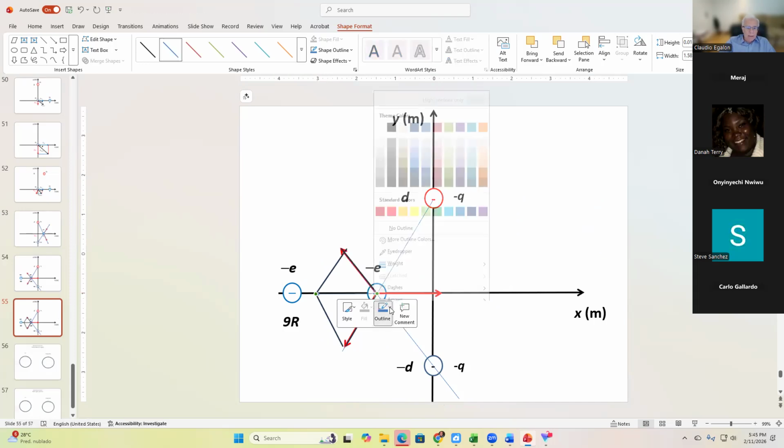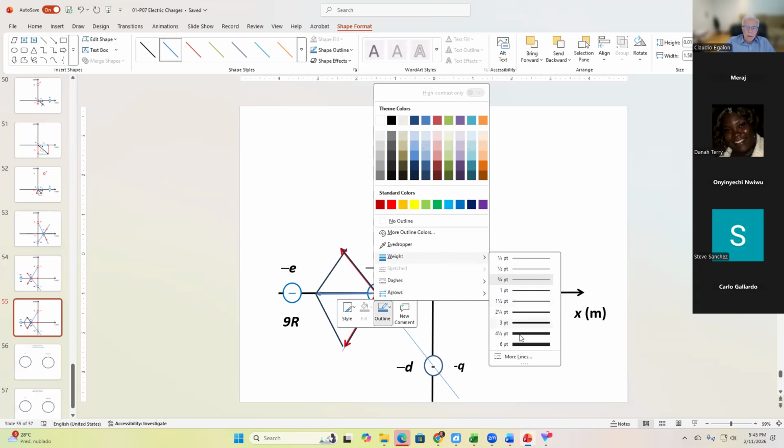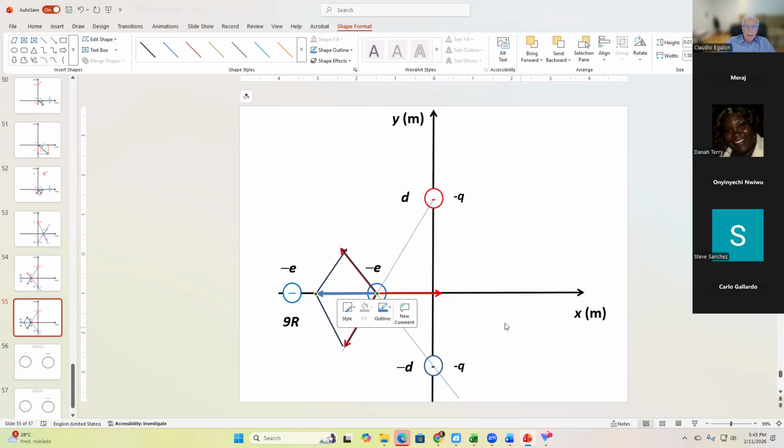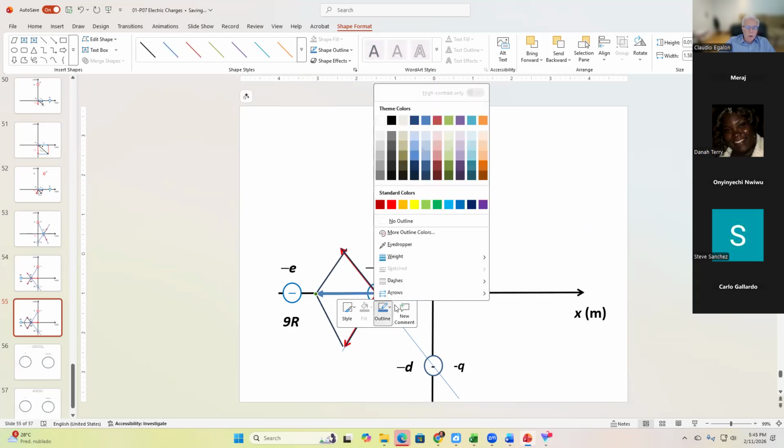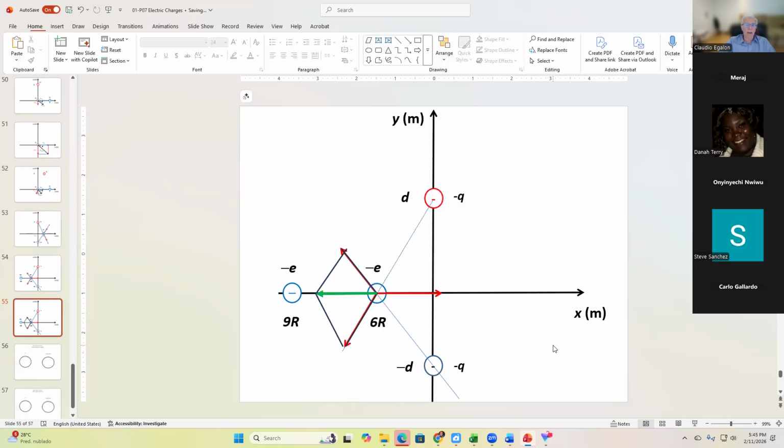Let's make it thicker, and I'm going to use a different color. So this green vector is the summation of those 2 vectors. And this green vector here is going to cancel out a little bit of the force that you have coming from this other particle right in here.